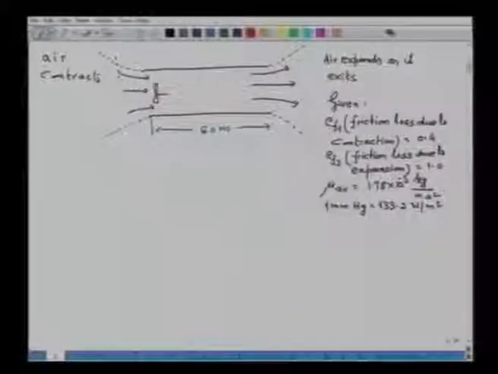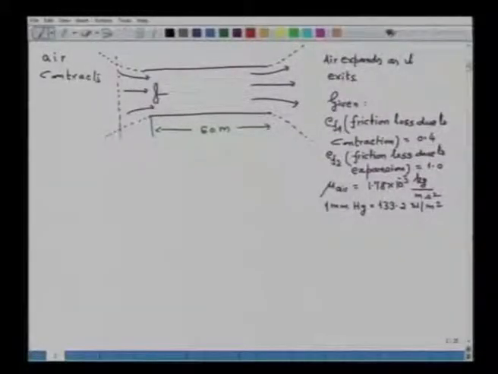The first thing that one has to do to apply mechanical energy balance is to locate the position 1, that is the inlet, and position 2, that is the outlet. So, this is the position 1, inlet, and somewhere here I am locating my position 2.